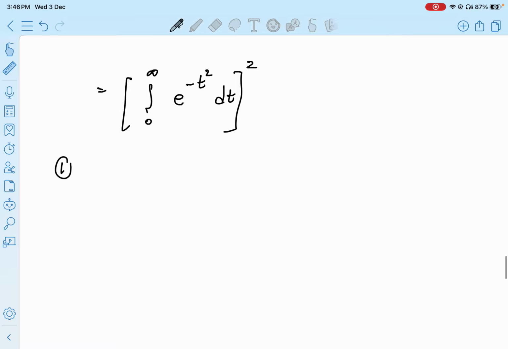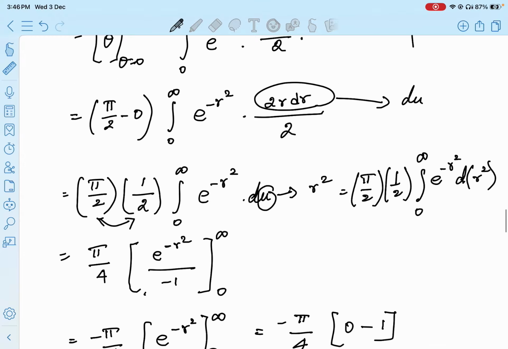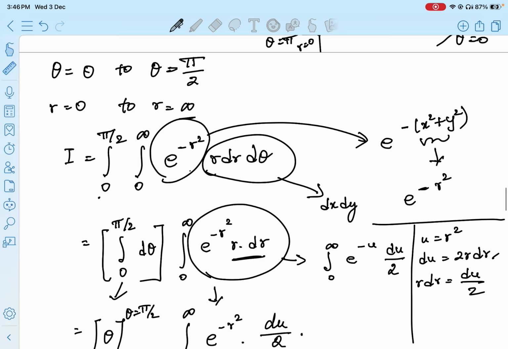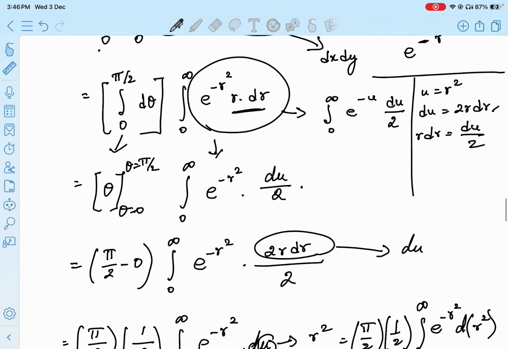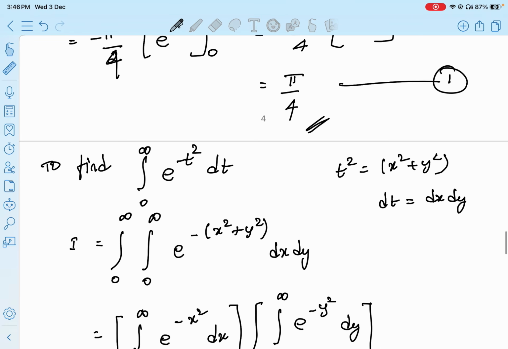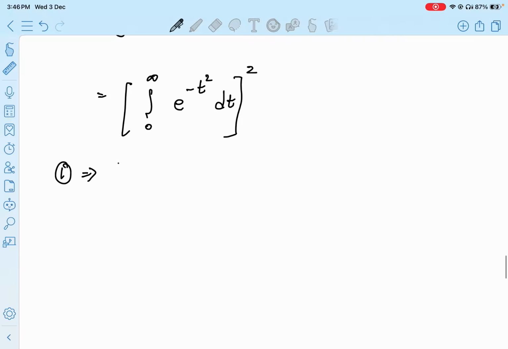Now, using equation number 1, the final value of the integral of e to the power minus r squared, r dr is pi by 4. This is similar to that one, so we can replace it from the form of equation number 1.